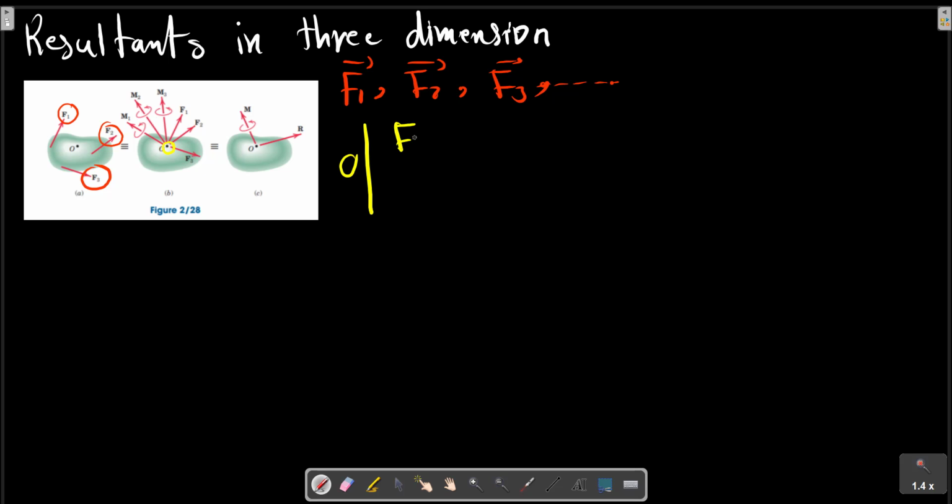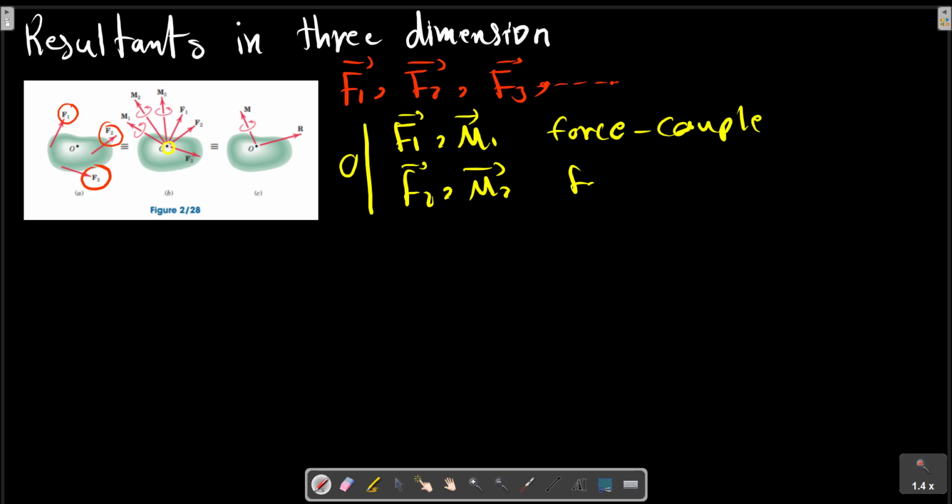We have F1 and M1, a force couple; F2 and M2, also a force couple; and F3 and M3, a force couple system.